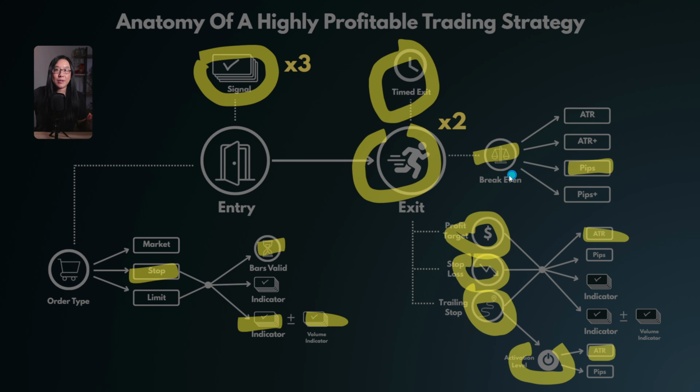Strategies that use break-even levels, trailing stops, activation levels, in addition to the profit targets and stop losses. They use multiple indicators for the exit criteria, also multiple exit criteria for the entry criteria. And overall, the data showed me that these super complex strategies were also unprofitable.